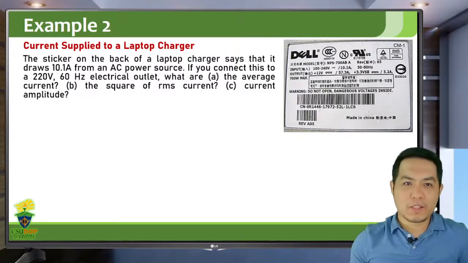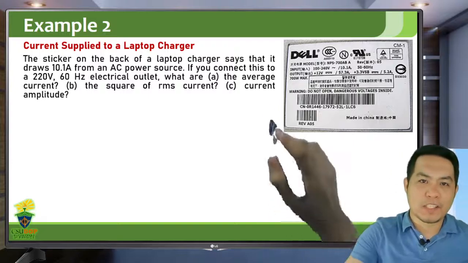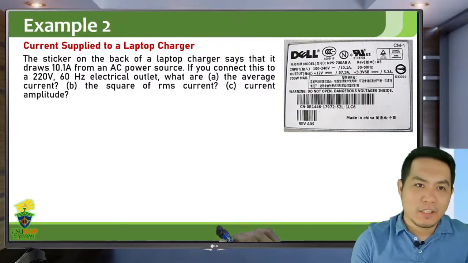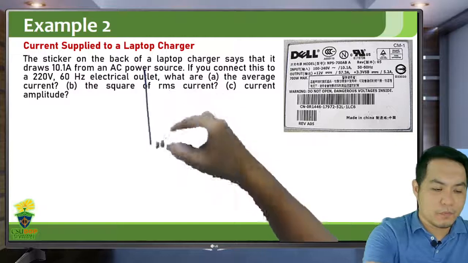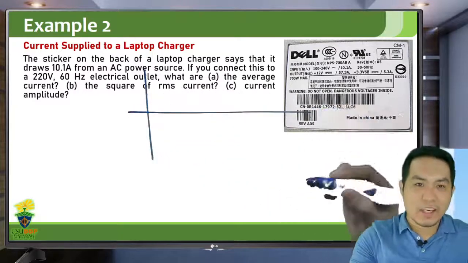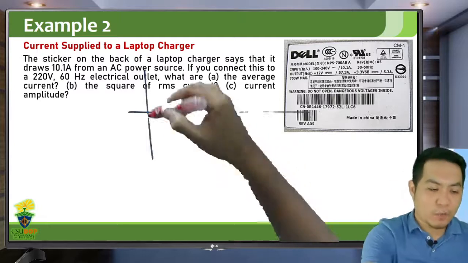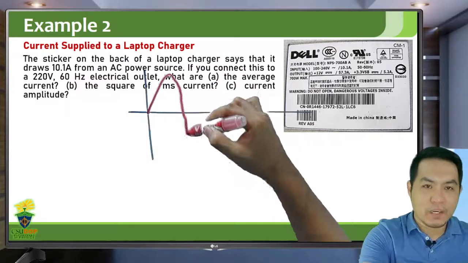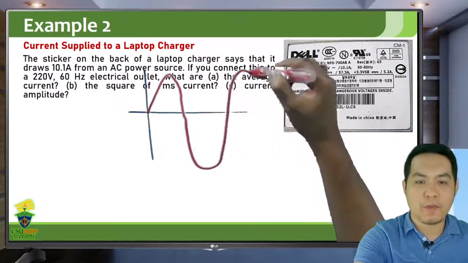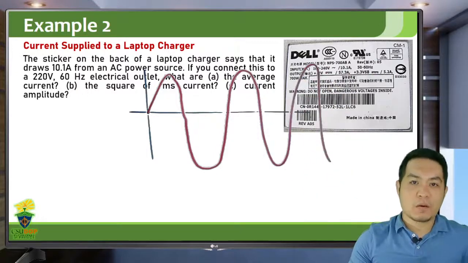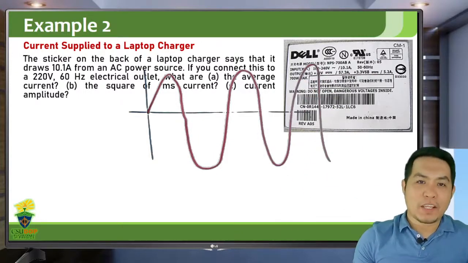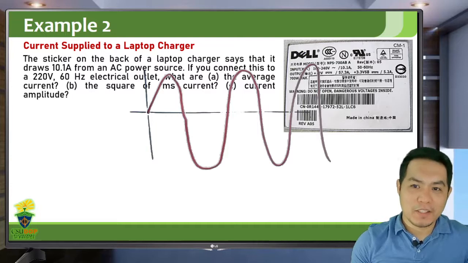Let's first solve for the first problem. What is the average current? Take note, again, that the current is sinusoidal. At one point it's maximum, then it becomes 0, and then it becomes minimum, then maximum. What is the average value of this?